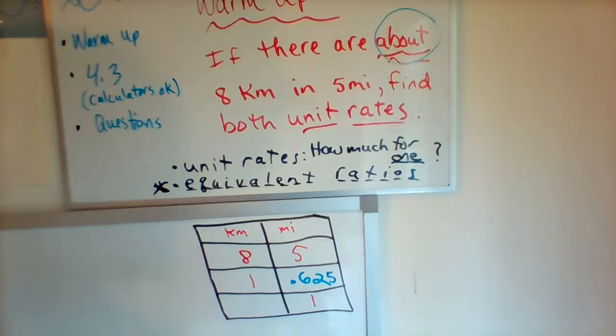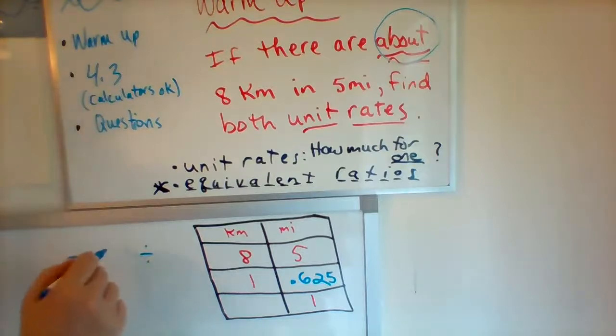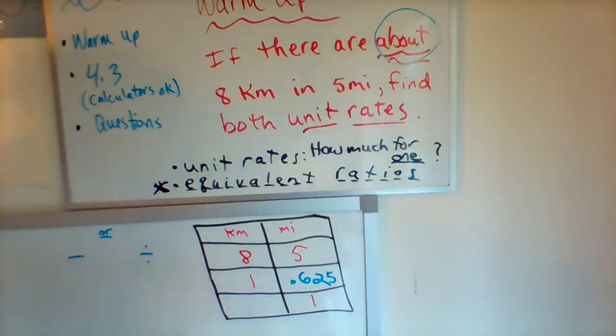By dividing 5 to 8. Okay, you got to be careful with how you're saying this. I just told you, you have to say something divided by something. All right, what was the numerator? What was the numerator, or what was on the left? He probably means MI. It's supposed to be MI, not ML. ML is millimeters.